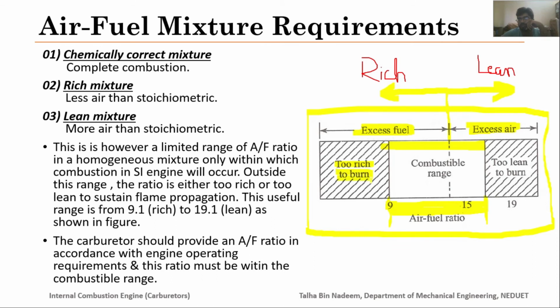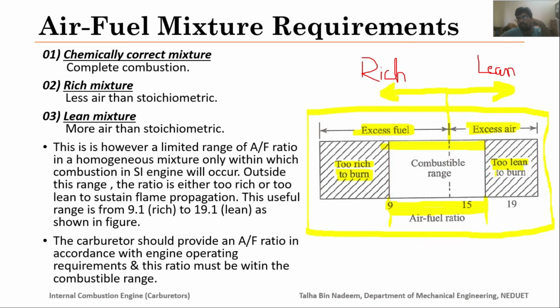Since we have less oxygen, fuel molecules cannot combust. So we can summarize this diagram by saying that when your air fuel mixture is too lean, beyond 17, it will not burn properly.